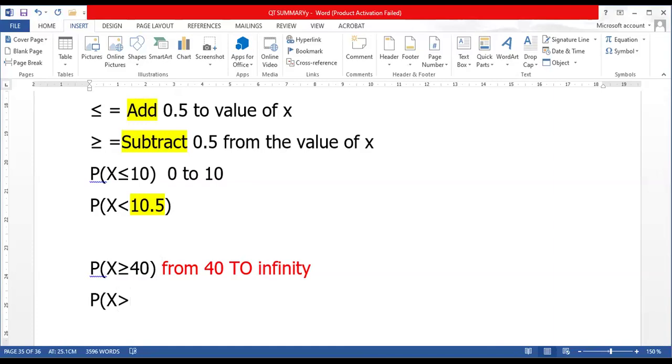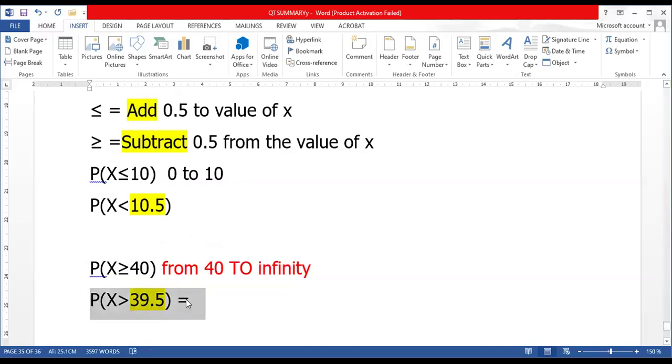So it is x greater than, I subtract 0.5 from this value. I get 39.5. Do you agree that I will find 40 here? Because here it means that I need values that are greater than this. It means that 40 will be included.